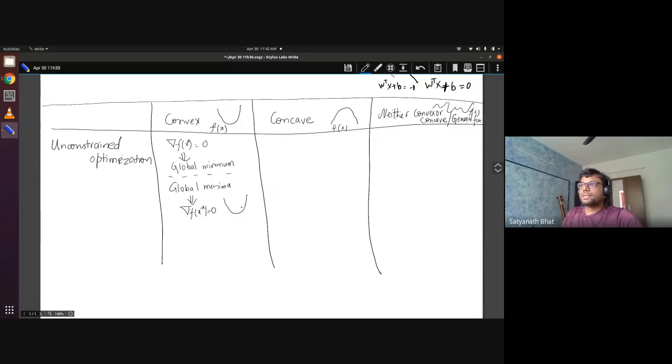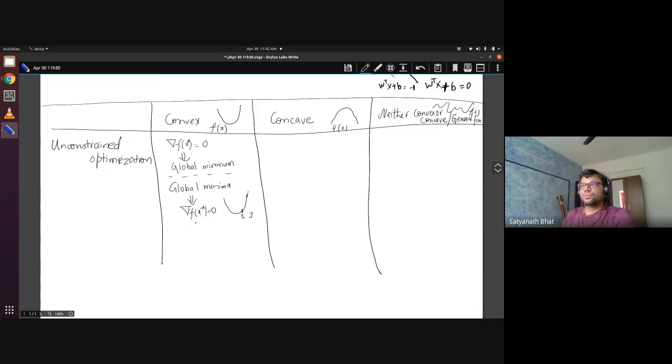Now I am optimizing not over the entire range, but over an interval. Typically, in unconstrained problems we cannot impose such things. But suppose I just focus on this region. Then the minima is here within this region, but the gradient need not be 0.